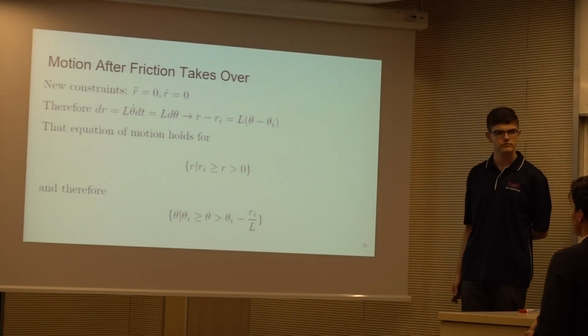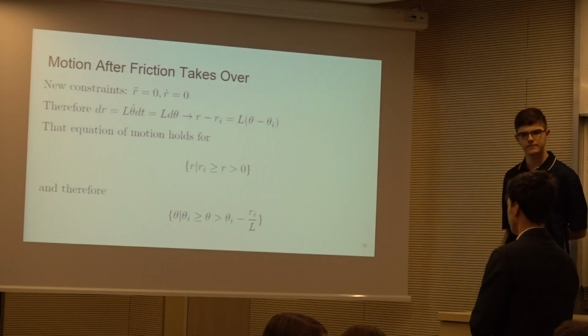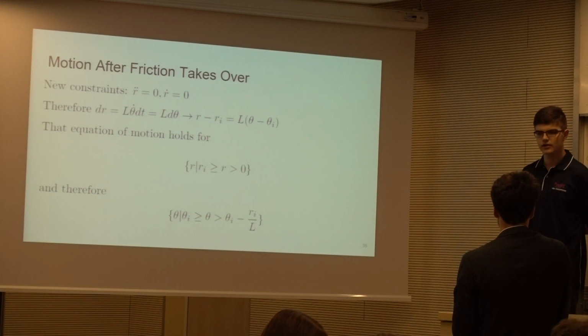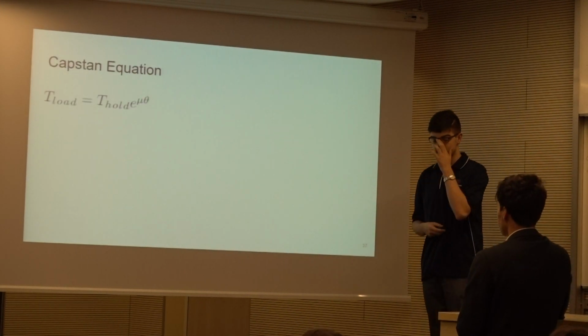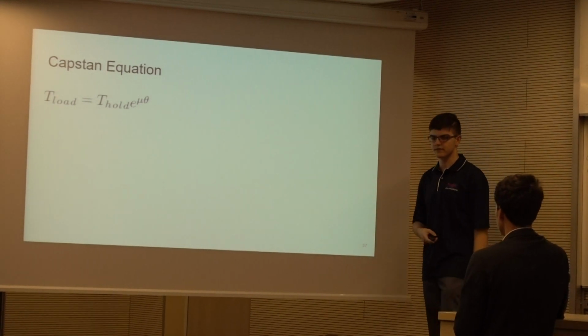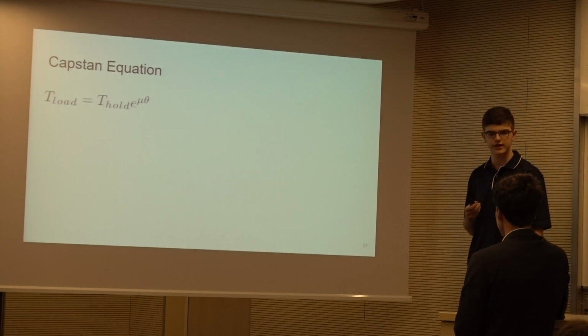Do you think that you could use the Capstan equation inside your theory because you did your kind of own friction? Yes, so the difference between the Capstan equation, which is here, and my derivation for friction is that this is only valid for static friction, whereas mine is functional for kinetic friction.